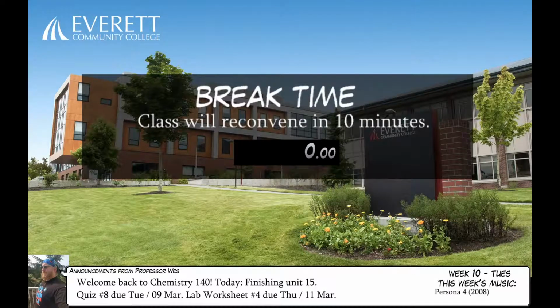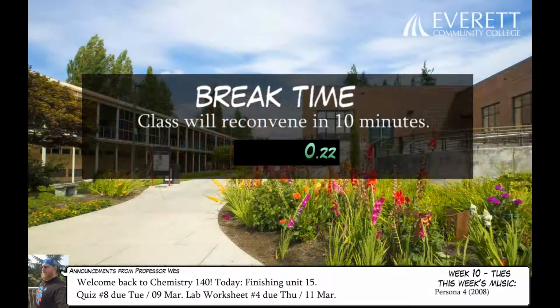There we go. We'll get more Persona 4 music playing. You just have the calculation back. That's okay. As long as you identify your mistake, that's what's important. All right. There is one more unit left. We're going to start that after this break. See you in a bit.